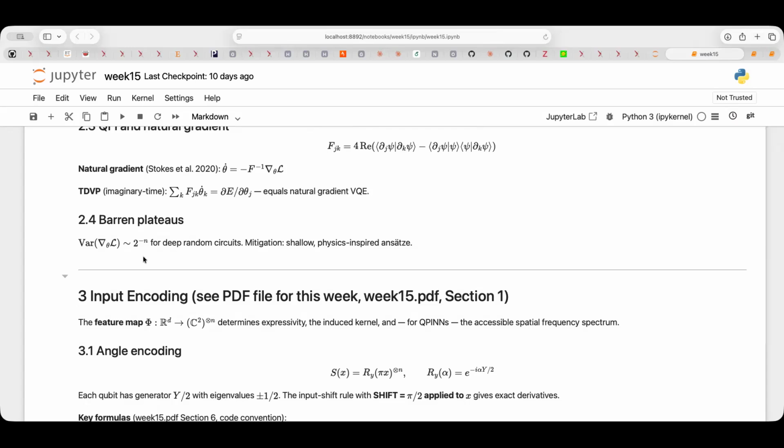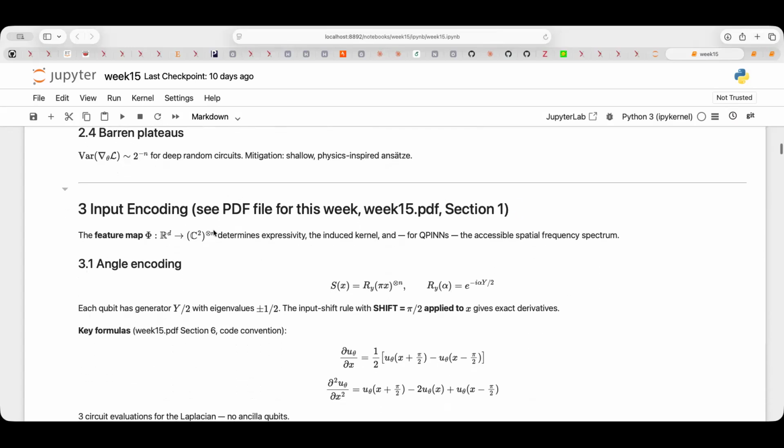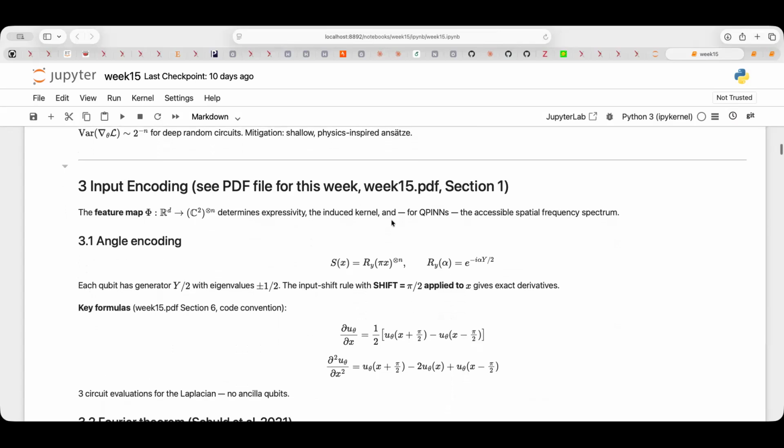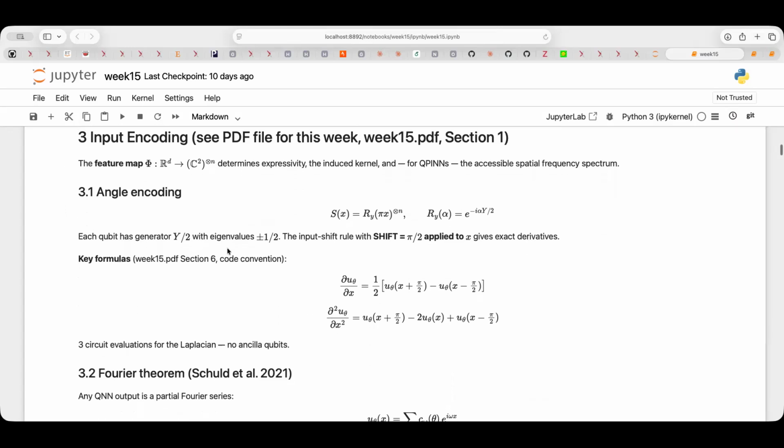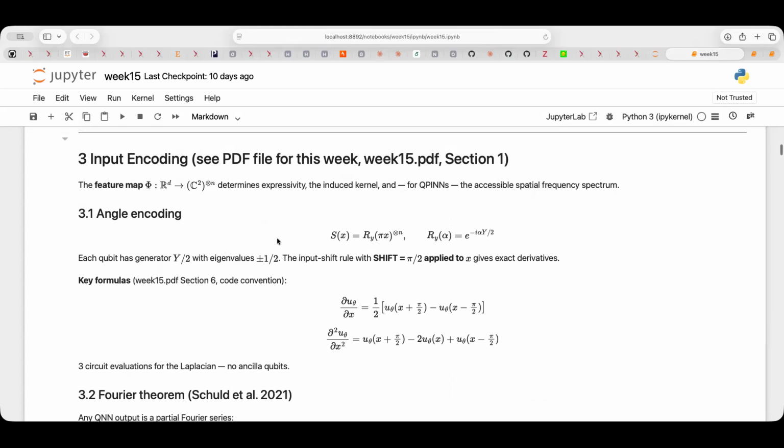So the thing which we did, and this is also listed in the slides for last week, is typical angle encoding, which is one of the more common ones, which is used when we then want to implement the initialization of the data, or the feature mapping, or the embedding, as we've been calling it.